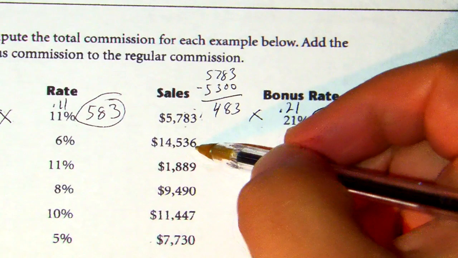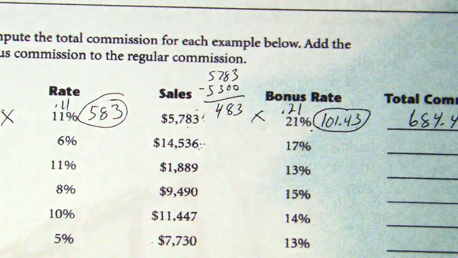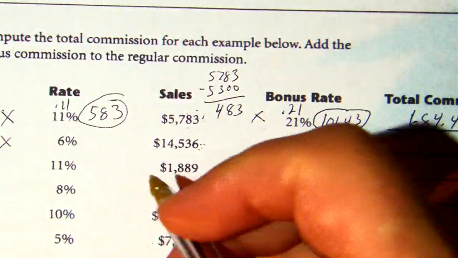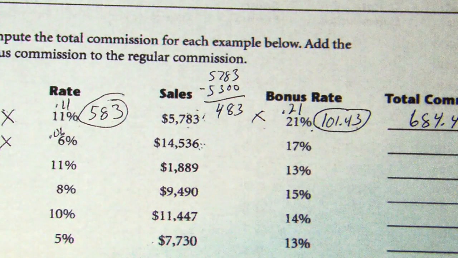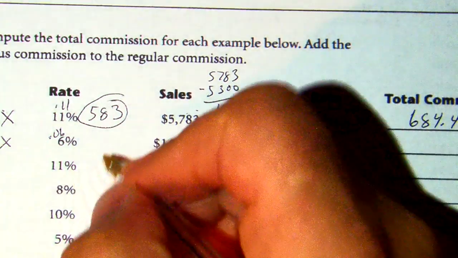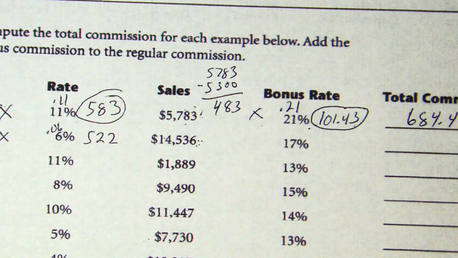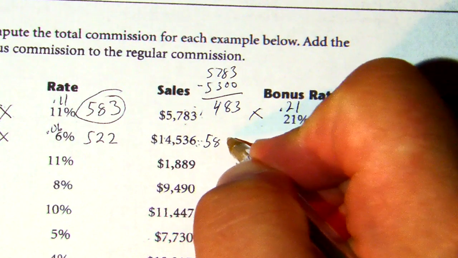So look at my sales first. $14,536 in sales. I only needed to meet a quota of 8,700 in sales. So I can go ahead and multiply going across. 8,700 times 0.06, because 6% as a decimal is 0.06. So 8,700 times 0.06, I get $522. When I subtract 14,536 minus the 8,700, I get 5,836.